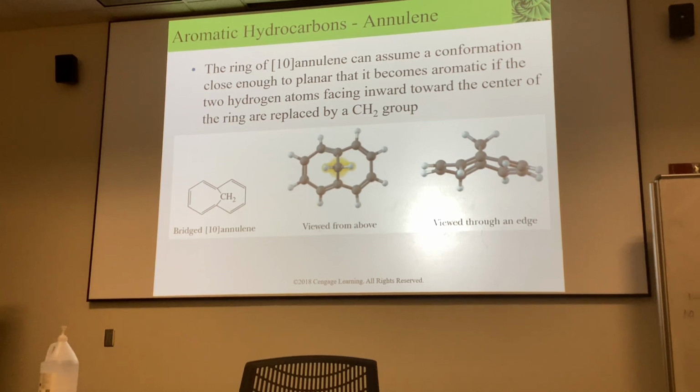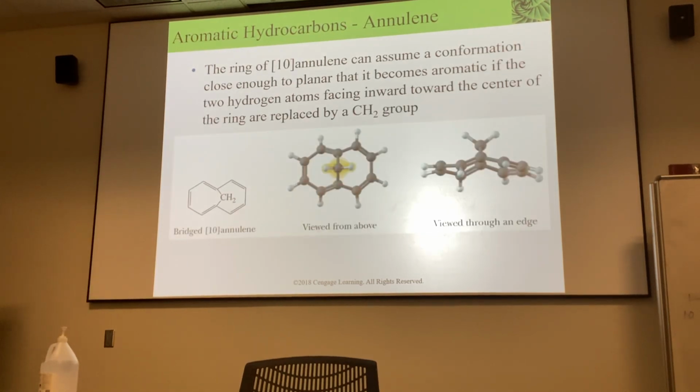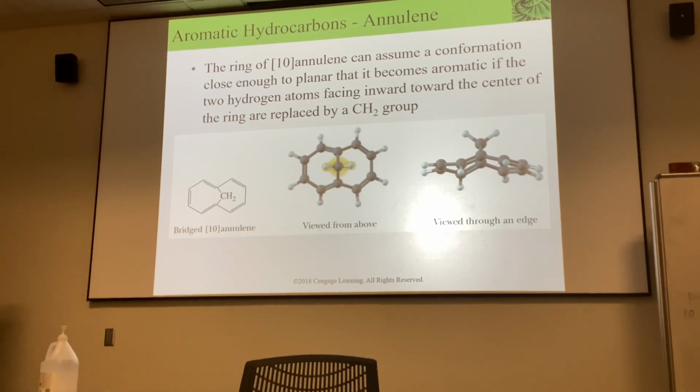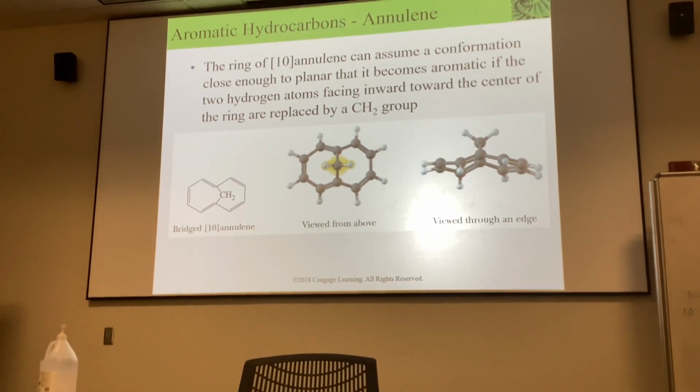The ring of 10-annulene can assume a conformation close enough to planar that it becomes aromatic if the 2 hydrogen atoms facing inward toward the center of the ring are replaced by a CH2 group, which is real weird, because it's still not entirely planar, and one of these guys is sp3, but our Huckel criteria for aromaticity is just that everybody in the ring is a closed loop, right?